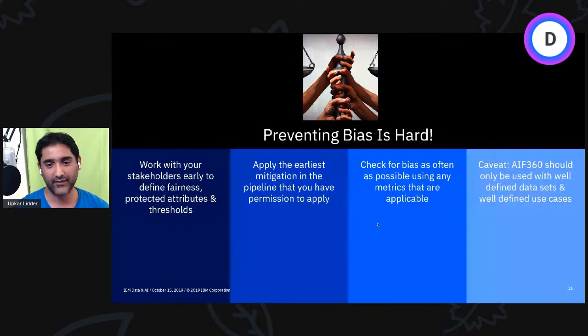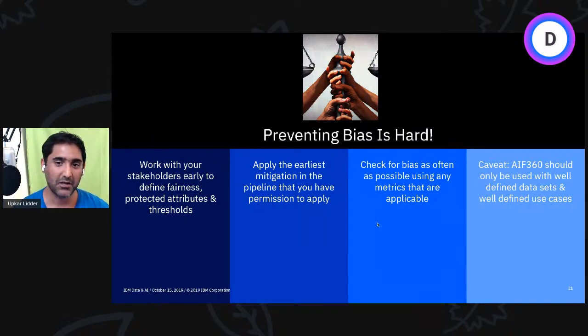An example of that they have in the paper is you try and penalize the loss function more for protected attributes than for other attributes. And you can see that's getting a little complicated, which is fine. If you go and read the paper, it'll make more sense. But the data one, I feel, is the easiest to handle in the pre-processing. The other one is check for bias as often as possible, using any metric that is applicable.